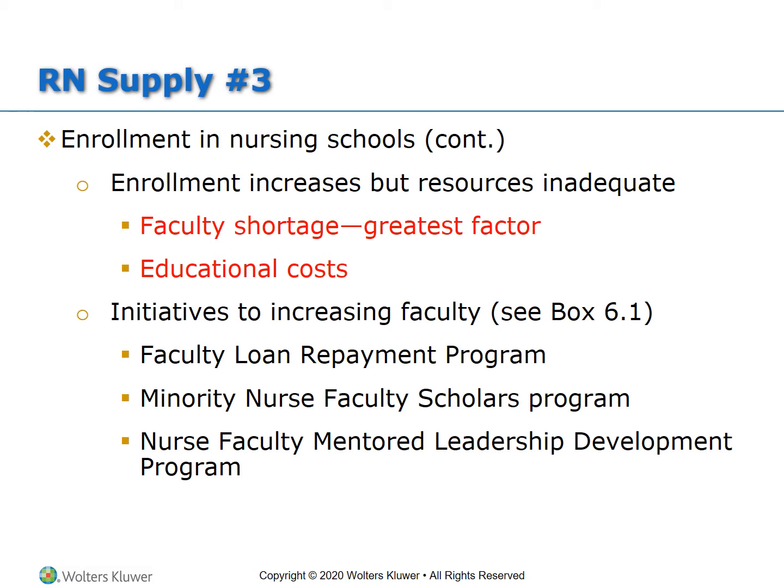So in box 6.2, causes of the current nursing shortage: workplace dissatisfaction, and women are choosing fields other than nursing for a career.